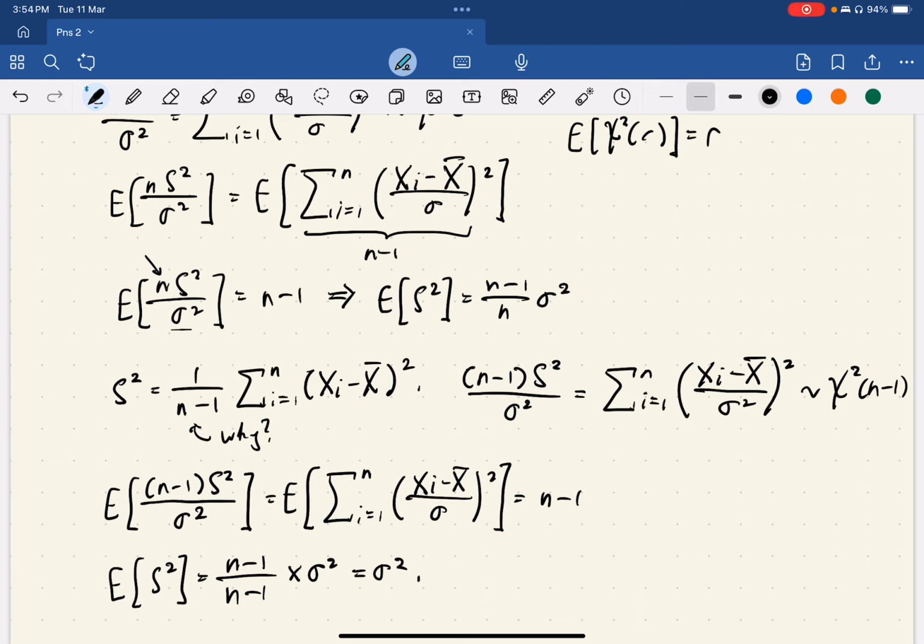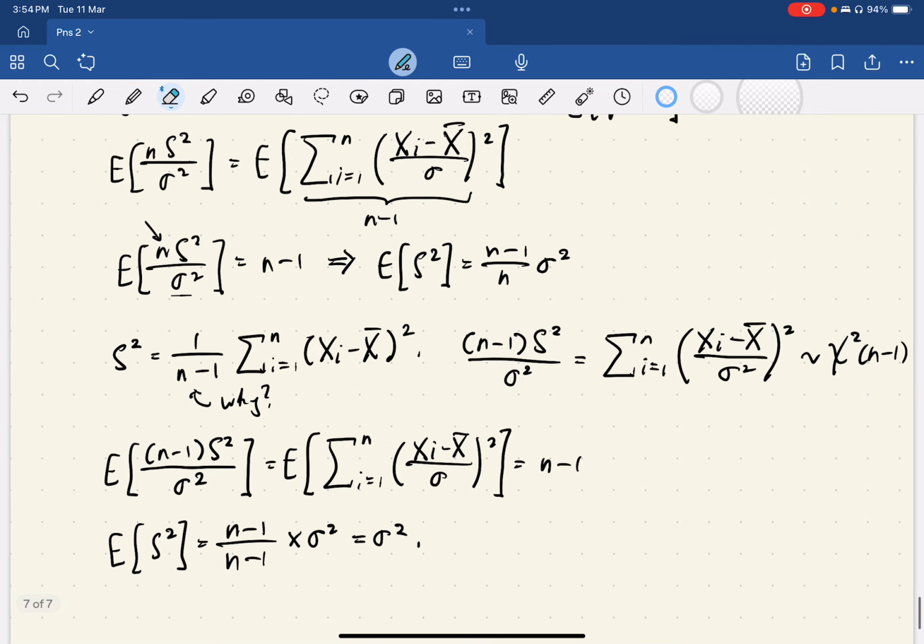Because it's the requirement for it to be unbiased, as I have shown in this example. So we can say that the Bessel correction makes it unbiased.